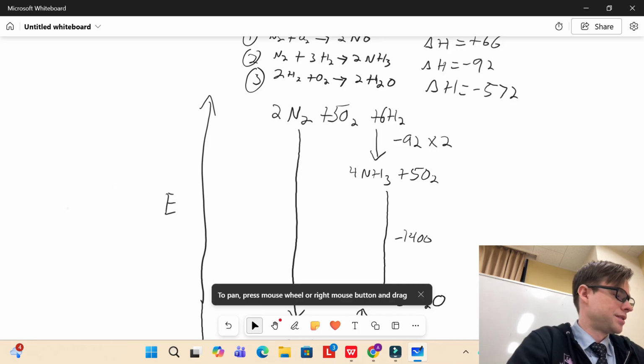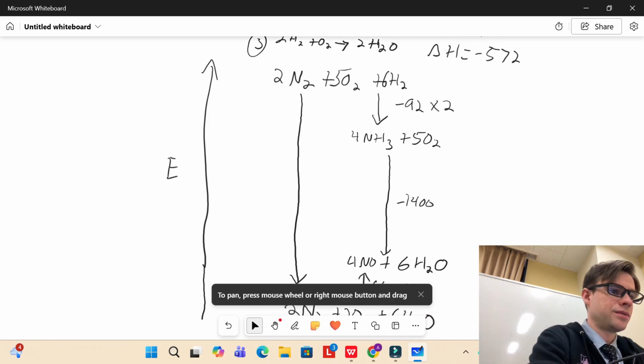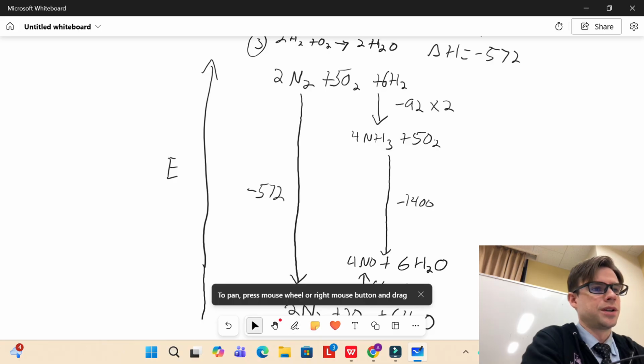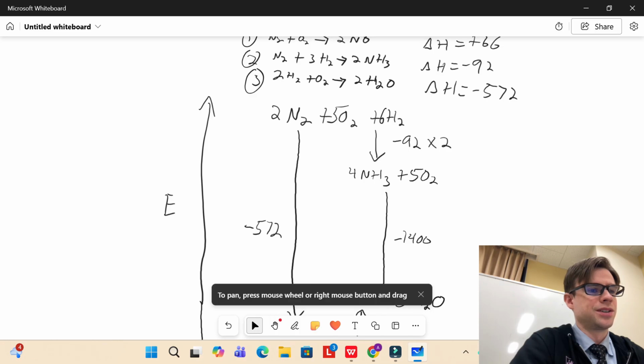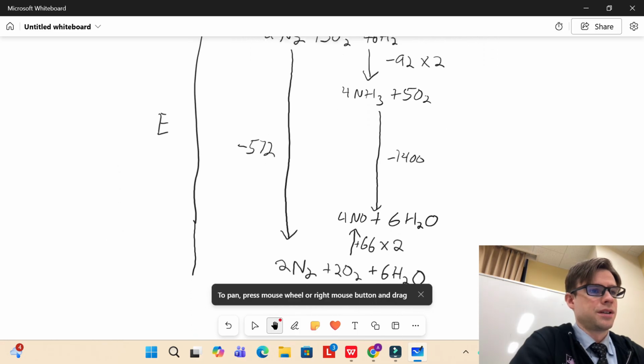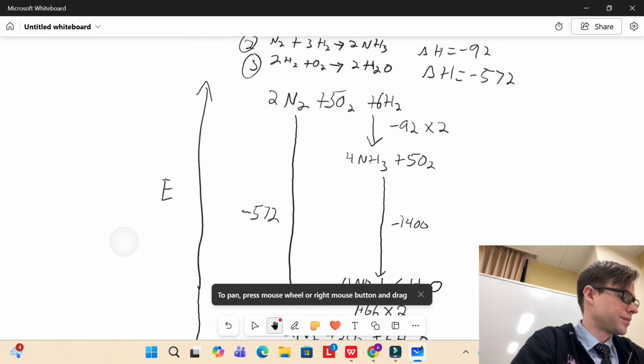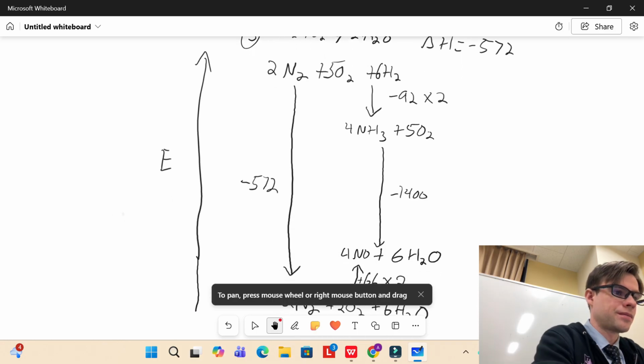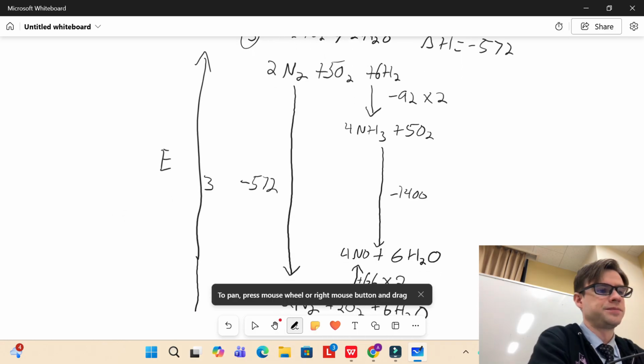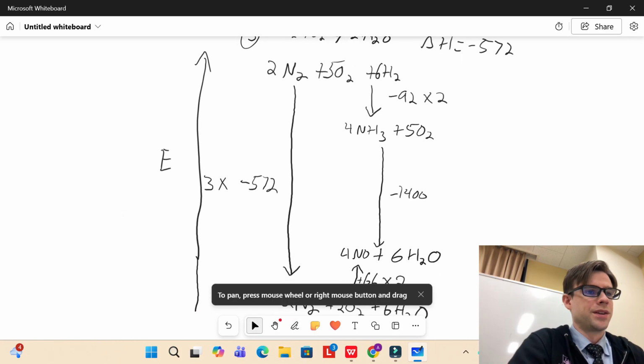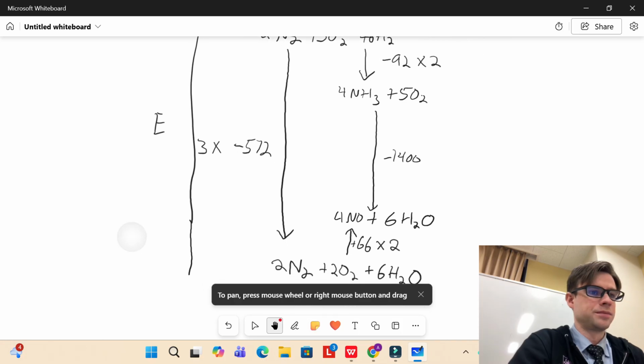That process is minus 572. But how many times are we going to have to do that? We're going to make 6 H2O, right? So we're going to need to triple that value, which is why this arrow is so big and so exothermic.